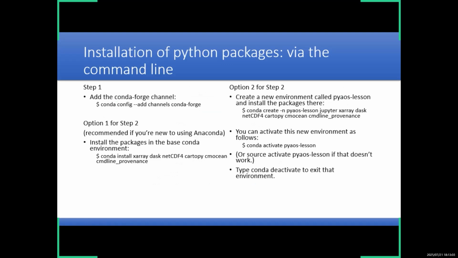Here in this example, you can install multiple libraries at once. I need to install Xarray, Dask, NetCDF4, Cartopy, CMOcean, and so on. So I can simply type conda install, then all the library names separated by spaces.